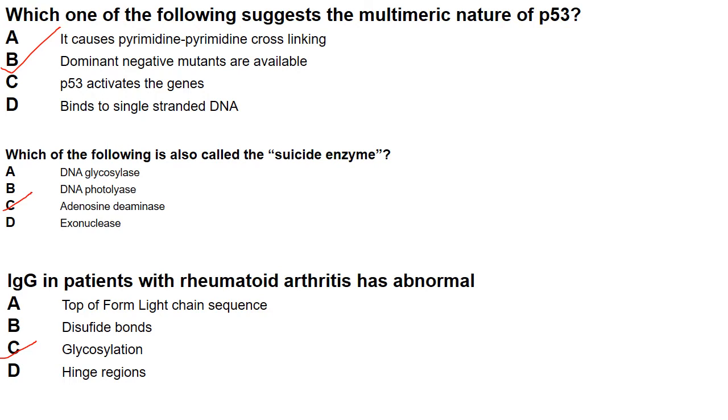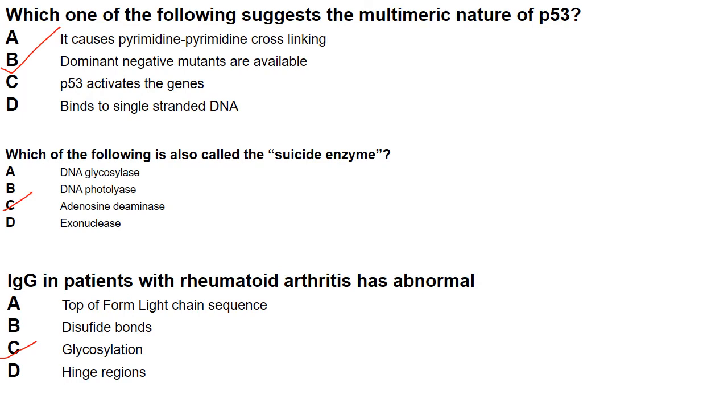The physiologically active form of P53 consists of a tetramer of 4 identical subunits. And mutant P53 exerts a dominant negative effect by preventing the wild type P53 from binding to the promoter of its target genes. So, which of the following suggests multimeric nature of P53? It is dominant negative mutants.